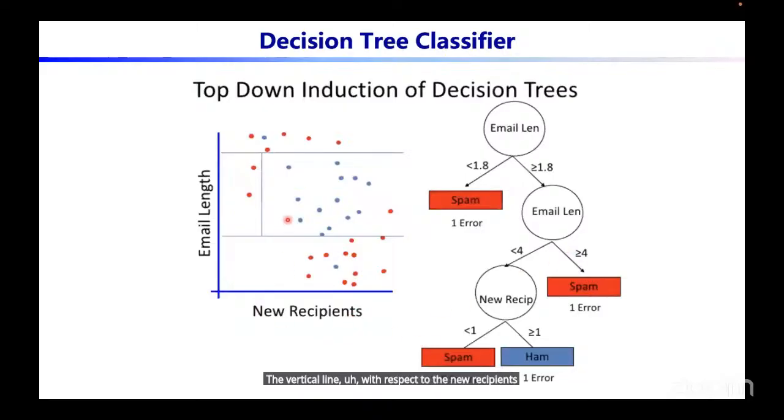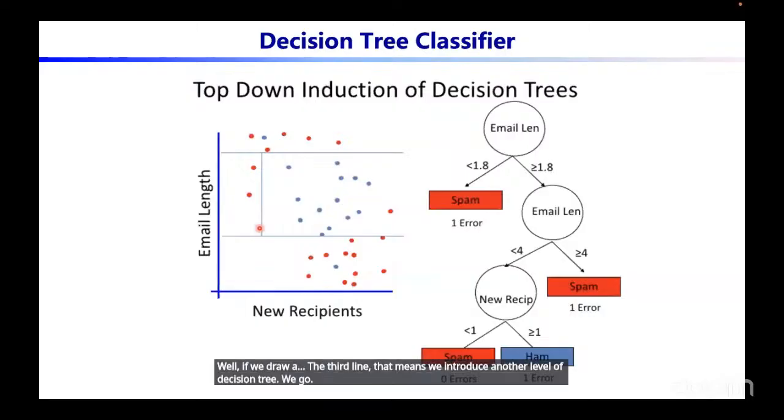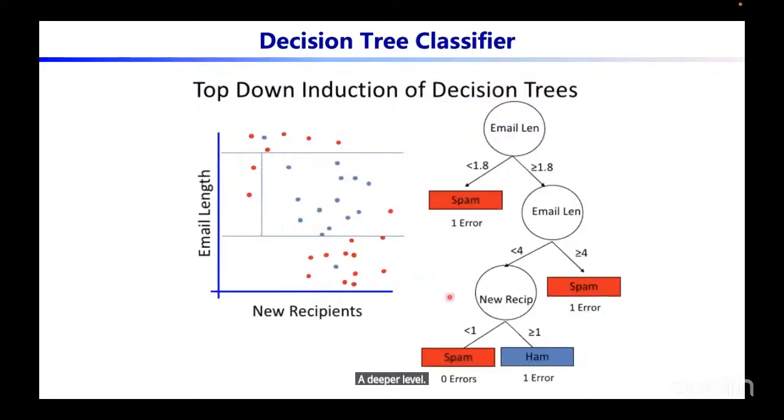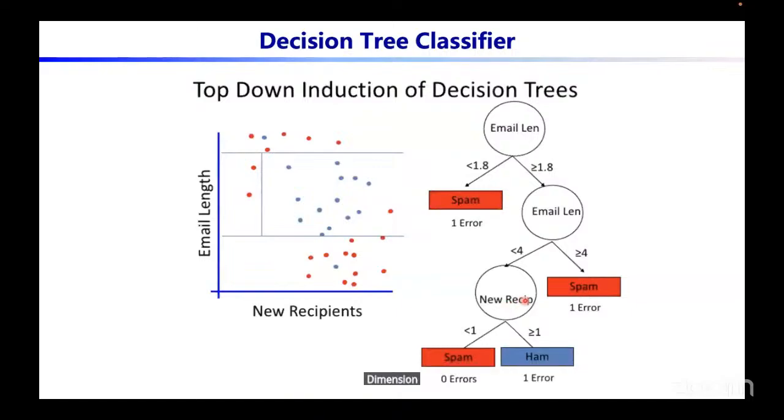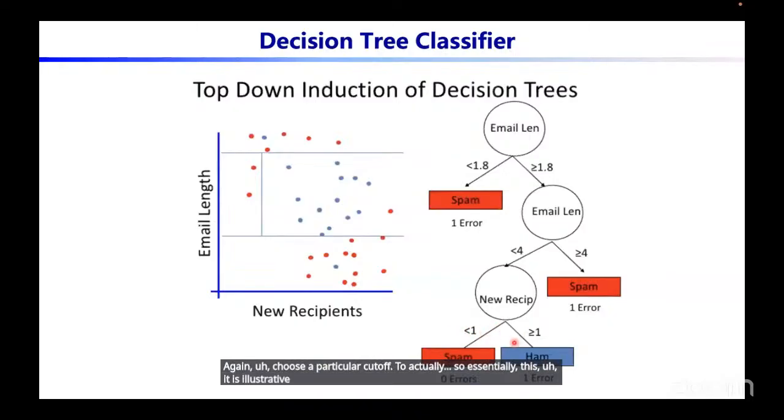If we draw a third line, that means we introduce another level of the decision tree. We go to a deeper level. At the third level, we look into the new recipients dimension of the email, and we can choose a particular cutoff, illustratively a value of 1.